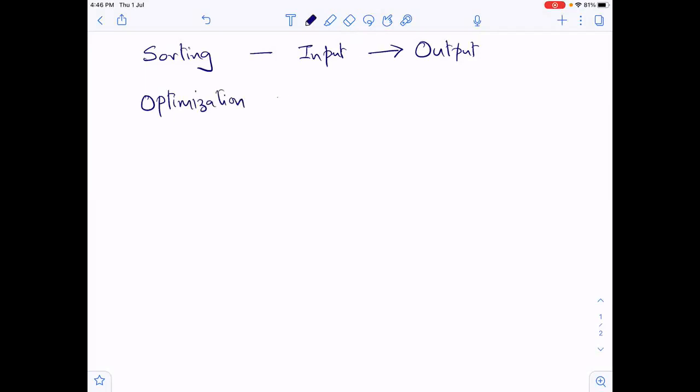Say, for example, find the shortest path, the shortest ST path. Or find the MST.